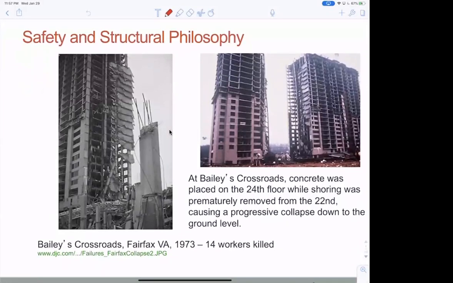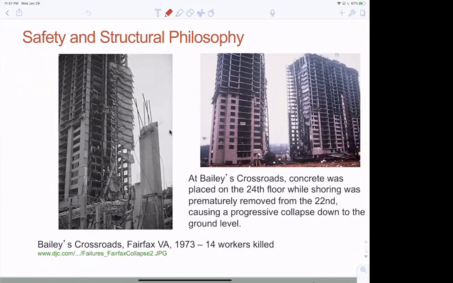So in this picture, you see this building, Bailey's Crossroads. Concrete was being placed way up on the 24th floor. And when you make a concrete building like this, you have to hold up the formwork. And usually you need 2 floors worth of strength to be able to hold up the green concrete.